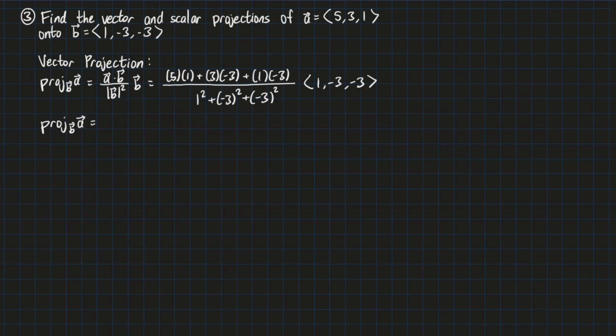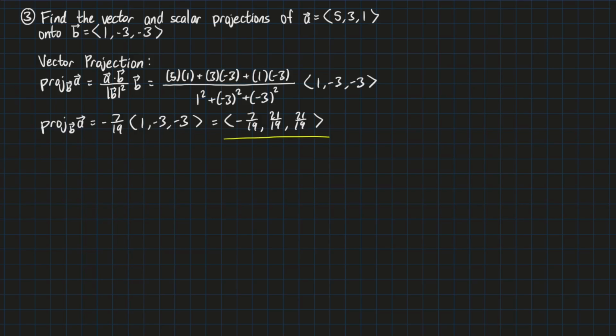This ends up being negative 7 over 19 times 1, negative 3, negative 3. If you want to multiply it in, we can get negative 7 over 19, 21 over 19, and 21 over 19. So in essence, this is just a scalar multiple of B.